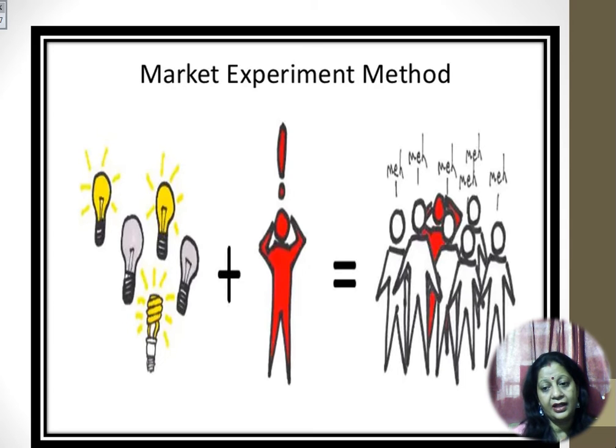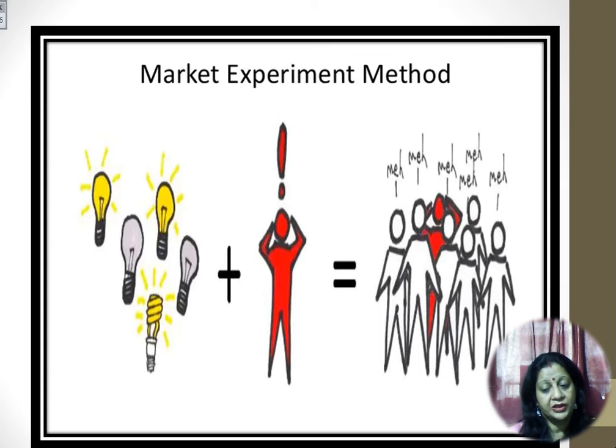For example, if you want to launch some sauce, then all of a sudden you cannot launch that sauce in a big packing or bottle packing, because somewhere there will also be a fear in your mind whether it is going to survive in the market or not. So just to take a market experiment from the market, from the customers, you are going to launch that in a form of sachet and distribute that sachet to the consumers in the market free or with some of the commodity.